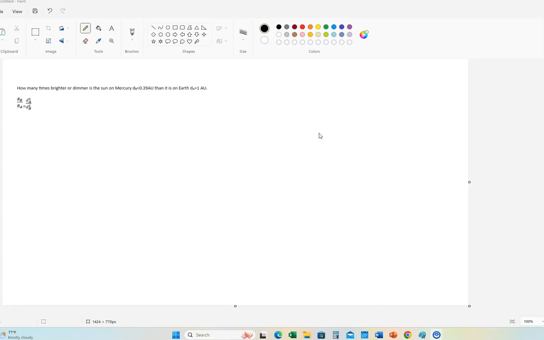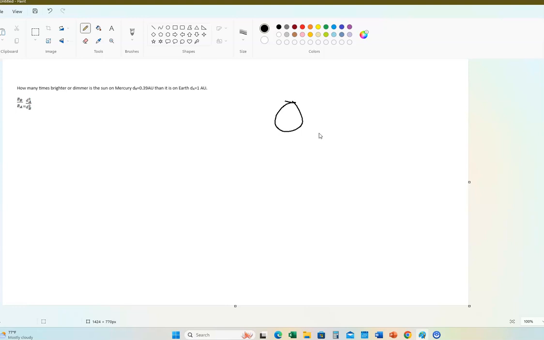All right, so let's draw a quick little picture of this. So here's the sun. This is not at all to scale. There's Mercury, and then of course there's Venus, going to be somewhere over here, and then here's the Earth.